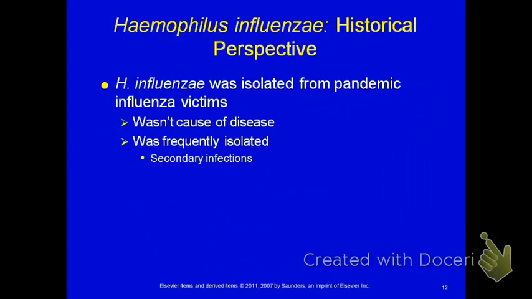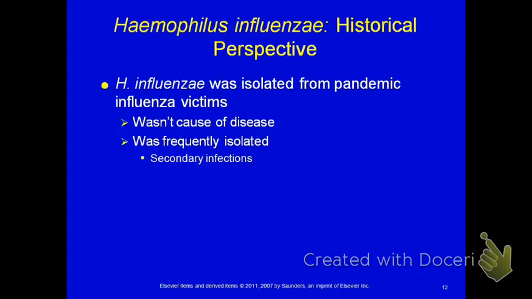But you might be wondering, if the name of the species is influenzae, it's like saying that these particular organisms could cause influenza. Now, Hemophilus influenzae, on the contrary, will not cause influenza.